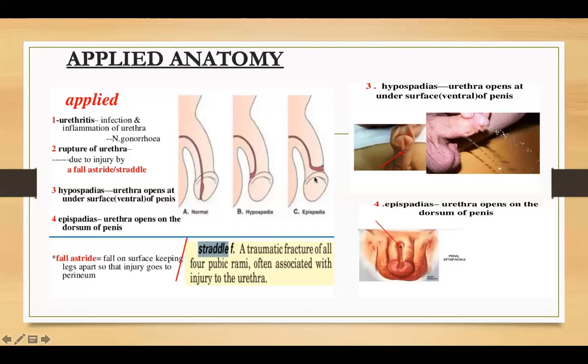And the other condition, epispadias: the urethra opens on the dorsum of the penis. So this is a picture of hypospadias, the urethra opens at the under surface of the penis. In case of epispadias, the urethra opens on the dorsum of the penis.